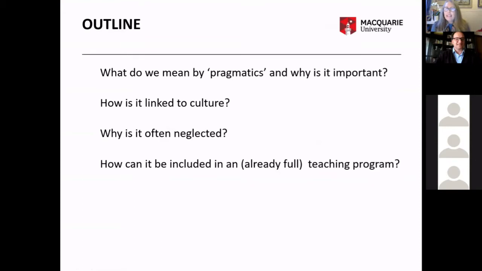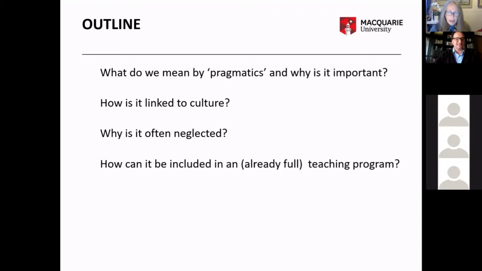Also, what the link is between pragmatics and culture, why teachers neglect it, and it's for a number of reasons, which are often quite good reasons, but I want to show you that it's something that you don't have to necessarily push aside other important things in order to do, that you can be doing pragmatics while you're doing other important things. And finally, how can it be included in a teaching program, which is already, as we know, very full?